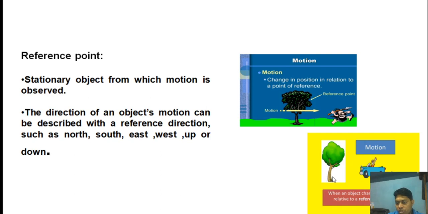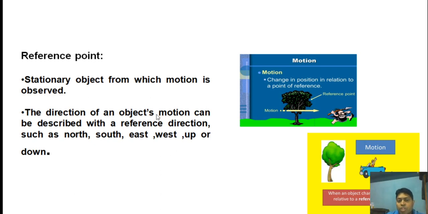So this object is a stationary object and it is known as the reference point. The motion is observed from these stationary objects. So that's why this point is known as the reference point or origin.